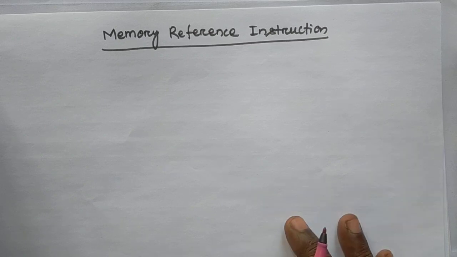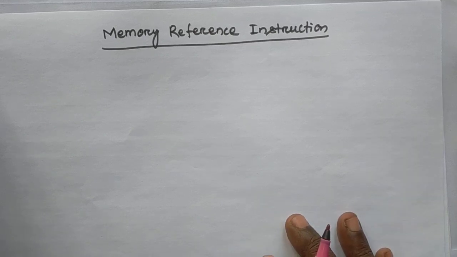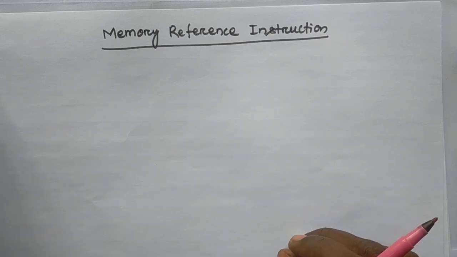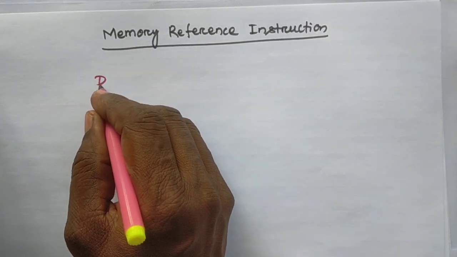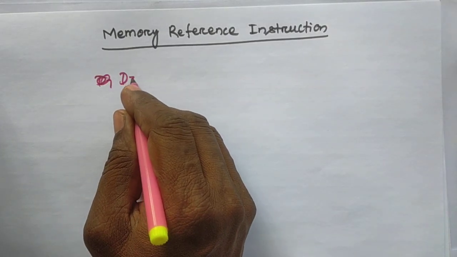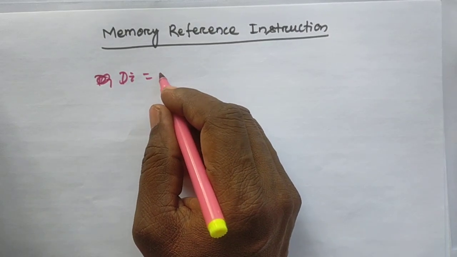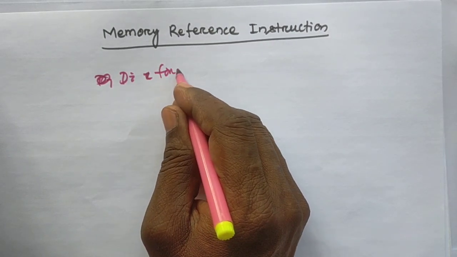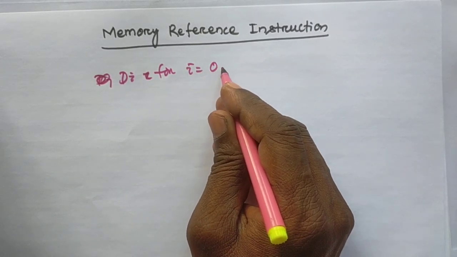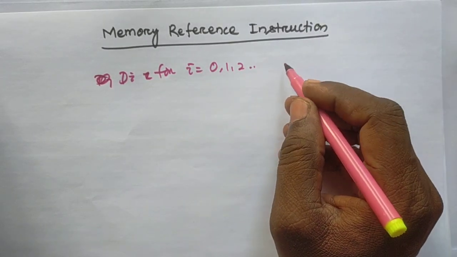Okay, the function of the memory reference instructions can be defined precisely by means of a register transfer notation, like the decoded output Di. For that, we can write Di, where I define Di for I equal to 0 to 6.